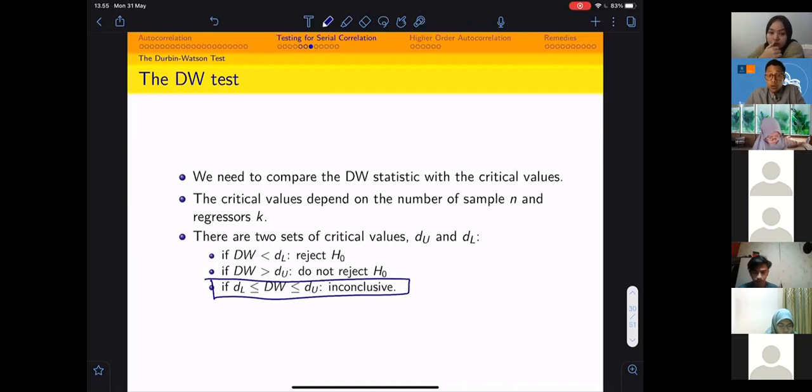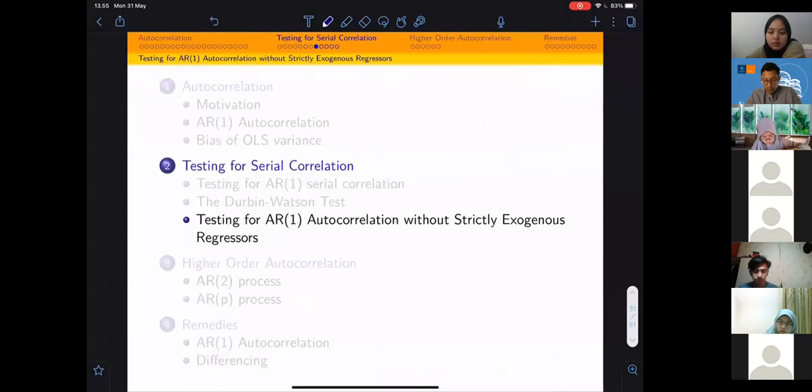So for now, I'm going to skip it, and I encourage you not to use the Durbin-Watson test because the assumption behind it is very hard to fulfill. We're going to use a test where we can go without the strict exogeneity assumption.